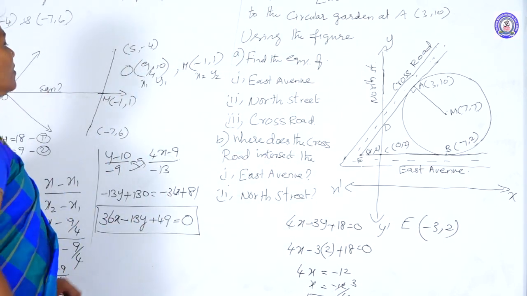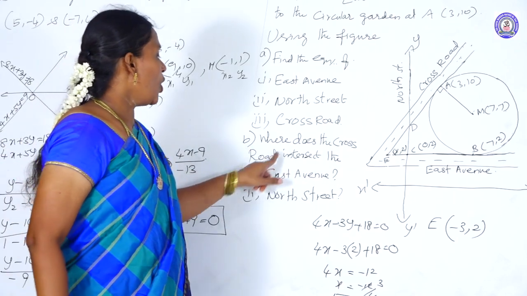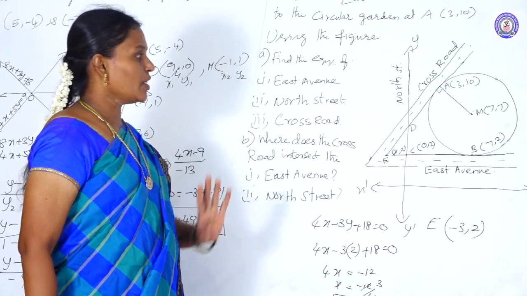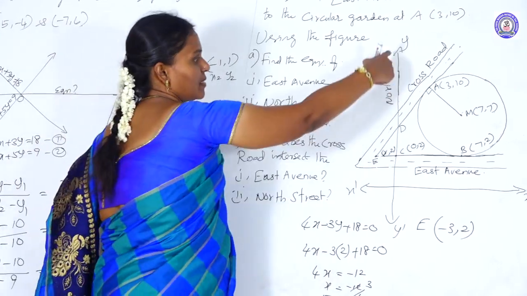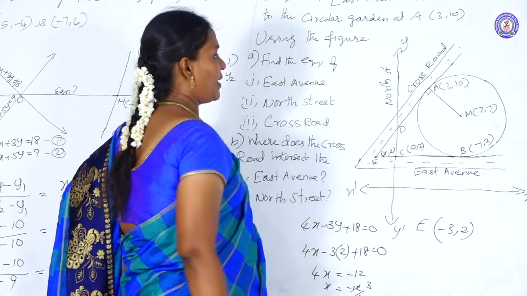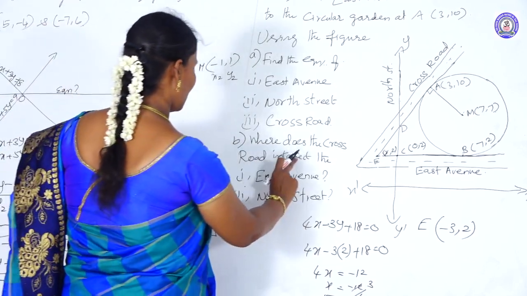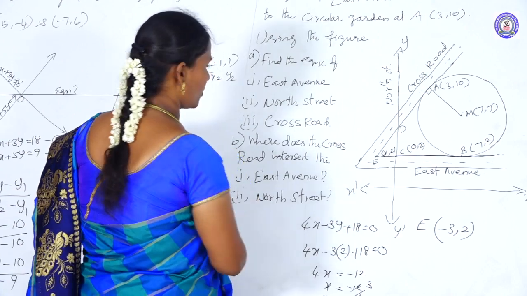Understand? Next, where does the crossroad intersect the North Street? Which is the North Street here? This is the North Street, so the y-axis. Am I correct?